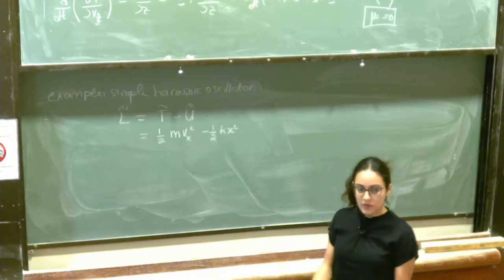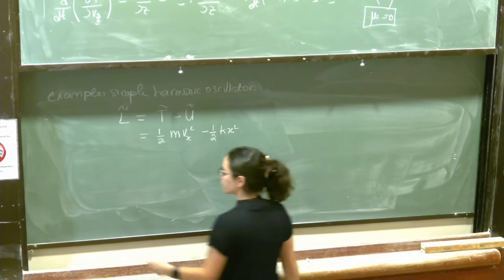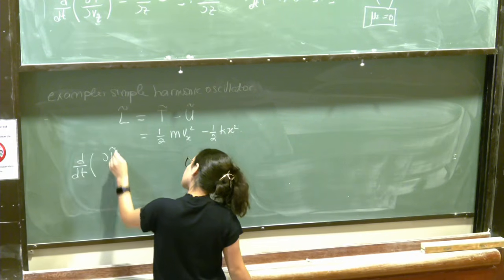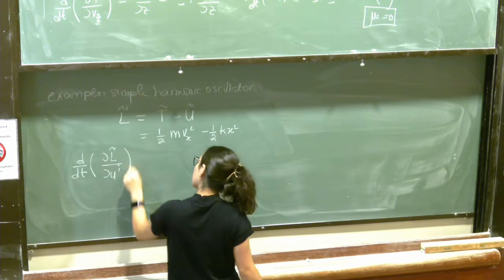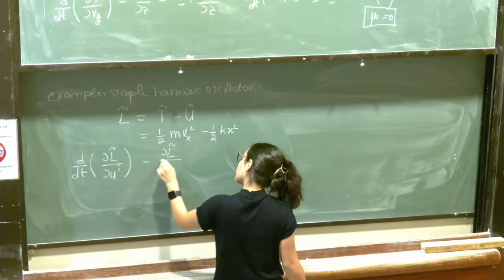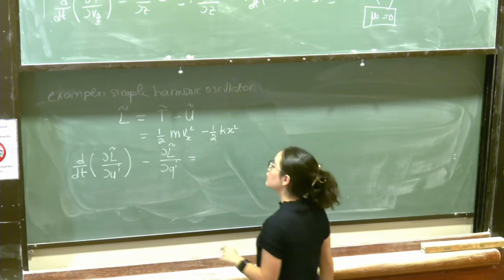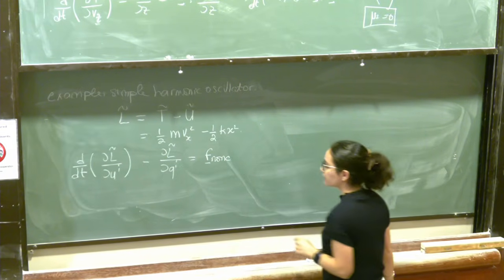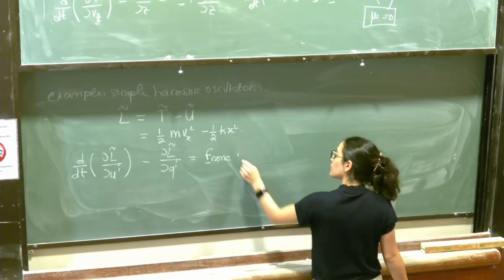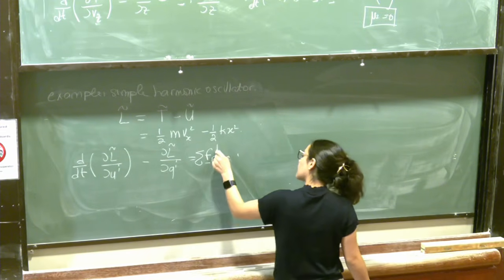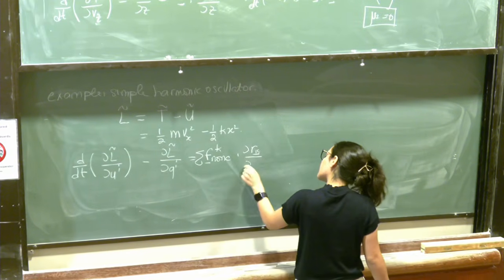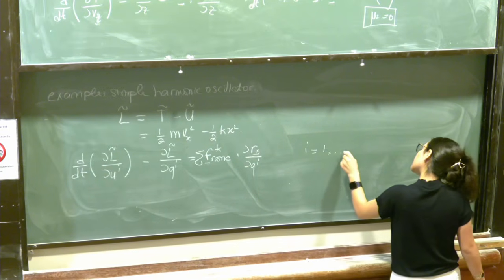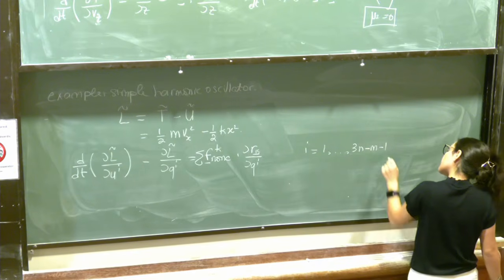Okay, Lagrange's equations of motion now become d by dt of del L tilde by del ui minus del L tilde by del qi is equal to F non-conservative forces dot with sum over k of del rk by del qi, but now i only goes from 1 till 3n minus m minus 1.